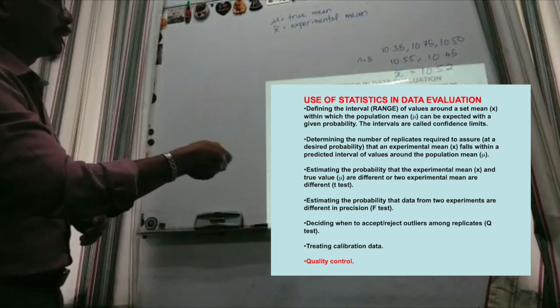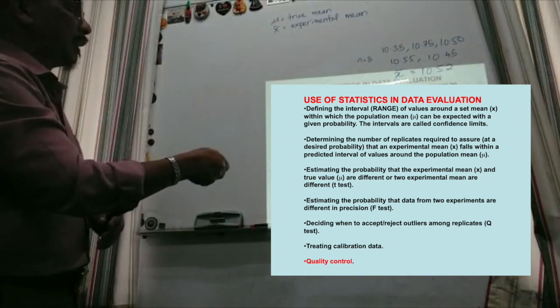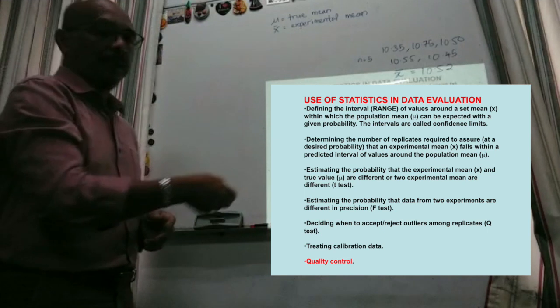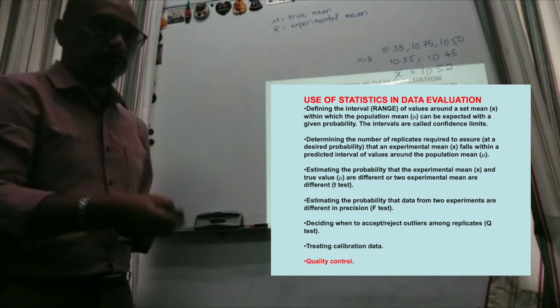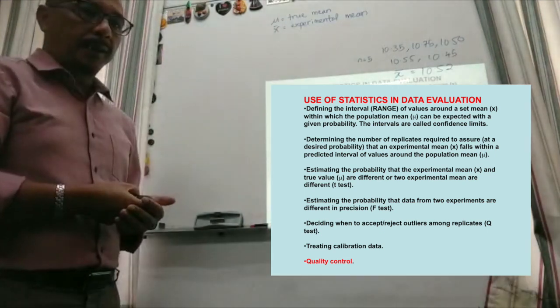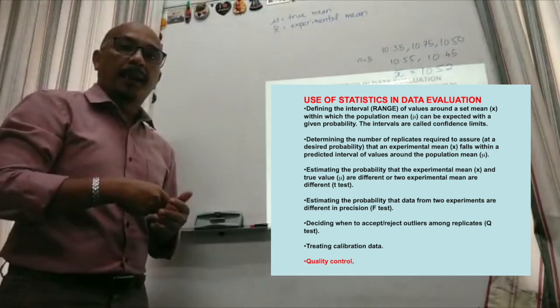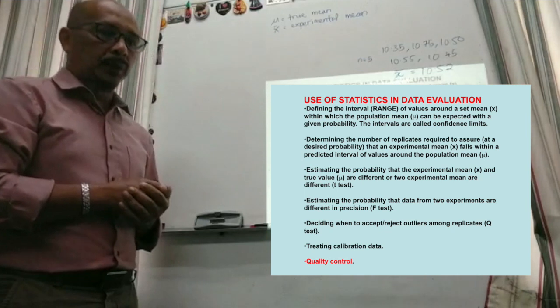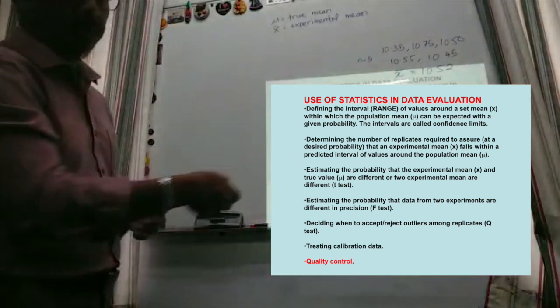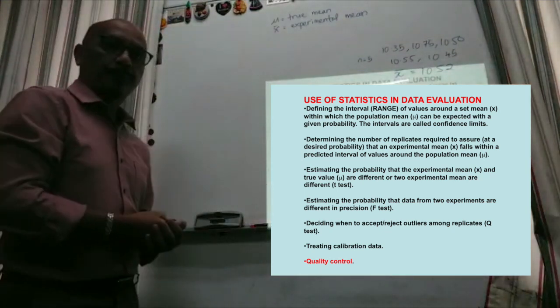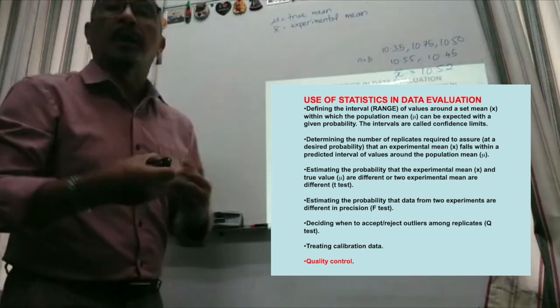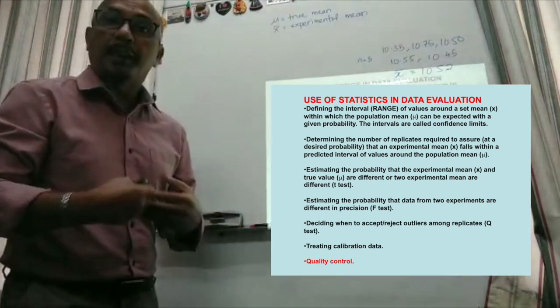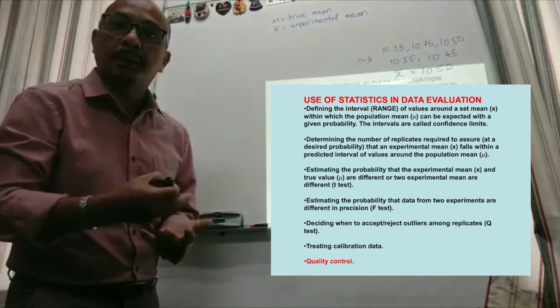Also by using statistics, we can determine the number of replicates required to assure, at a desired probability, that an experimental mean falls within a predicted interval of values around the population mean. We want to know how many replicates we should do in our experiment.